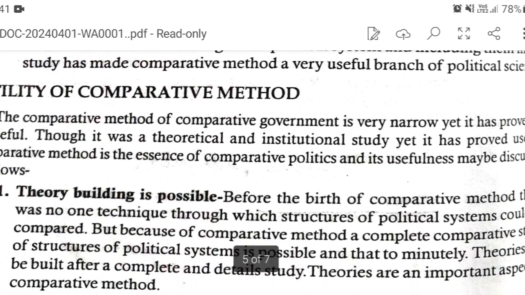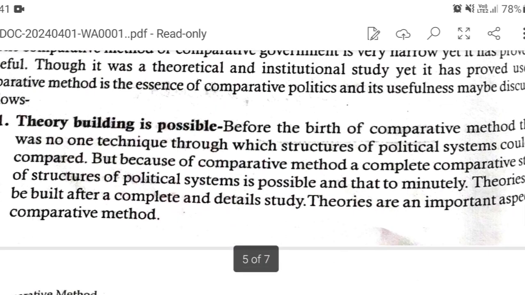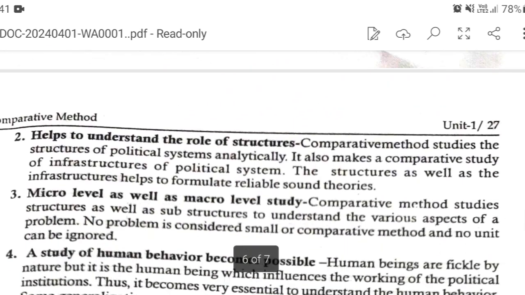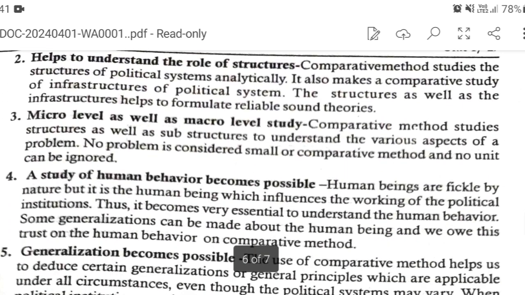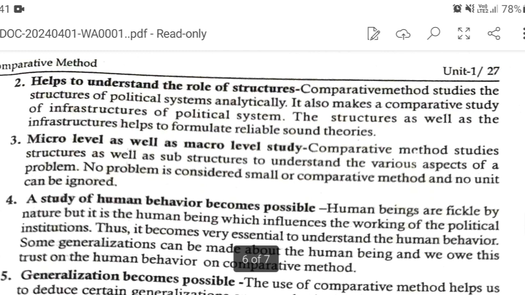Then comes the utility of comparative method. Theory building is possible here, as after selection of comparable issue, then similarity of comparison, then the main characteristic, inductive and intense method, and finally forming the hypothesis, the theory is built based on these things. Help to understand the role of the structures, as it is an analytical study, so it makes an analytical and empirical analysis of the political system and structures.